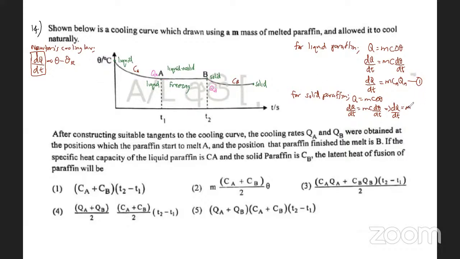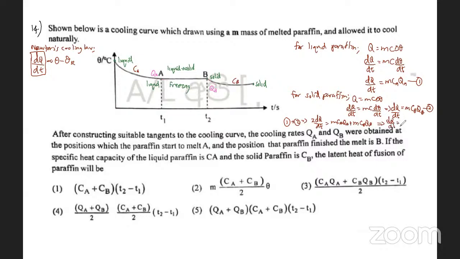This time it is M C_B Q_B. Second equation. Okay, right. I have two equations. If I add 1 and 2, what do I get? On the left side I will get 2 dQ/dt, and on the right side I will get M C_A Q_A plus M C_B Q_B. Therefore dQ/dt has a new equation.